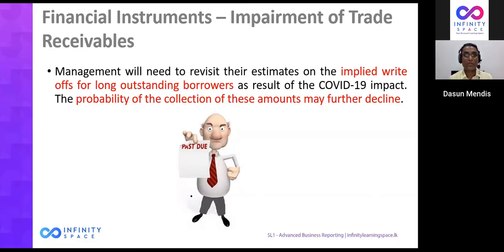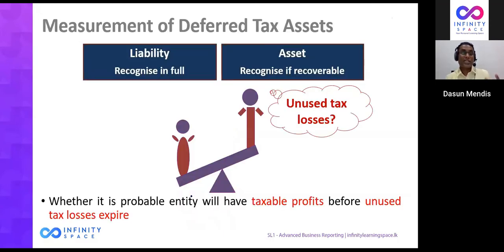Management will need to revisit their estimates on the impairment and write-offs for the long outstanding borrowers. As a result of the COVID-19 impact, the probability of collection of these amounts may decline further. Impairment of trade receivables: loss allowance has to increase or write-offs to be recognized. Right. So these are the important areas of COVID-19 impact with regard to SLFRS 9.